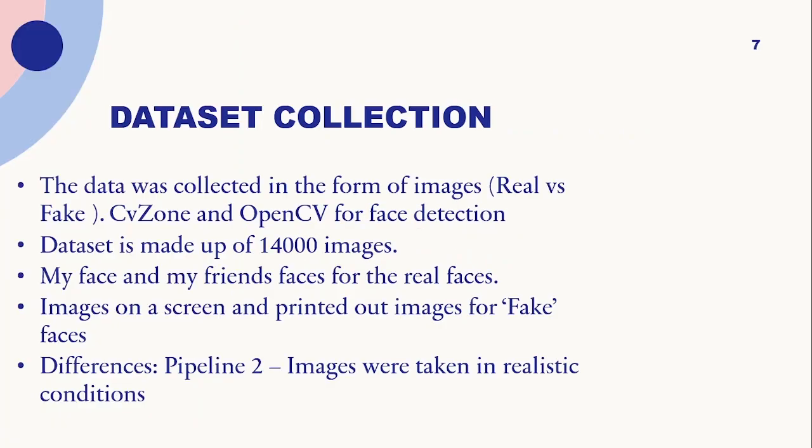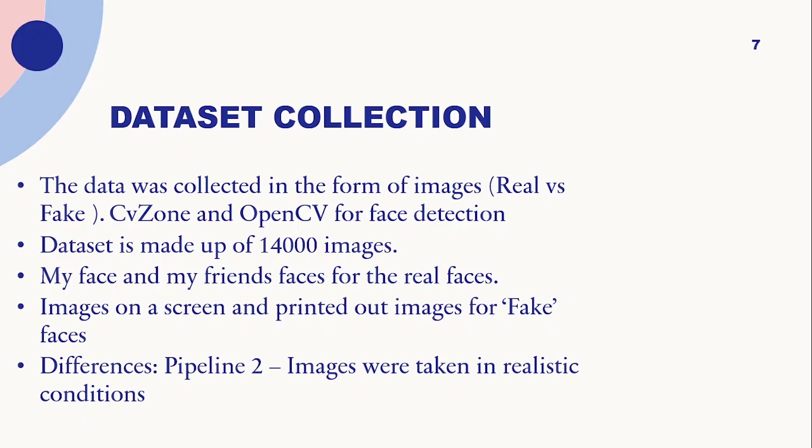For the dataset collection, the data that's collected is in the form of images, either a real image or a fake image. For the real images, I used my face or some of my friends' faces. For the fake images, I used a screen pointed at the camera or a printed out piece of paper of someone's face pointed at the camera.